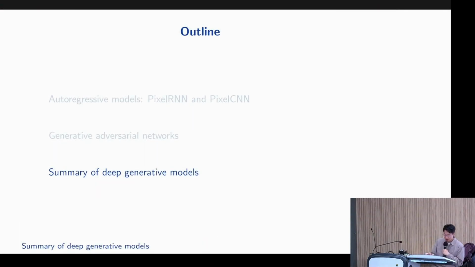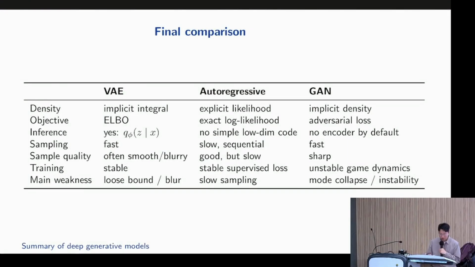Okay, so let's do a summary of the generated models. So we talked about VAEs, autoregressive models, and GANs. And VAEs, density was hard to get because we encountered an analytically intractable integral.